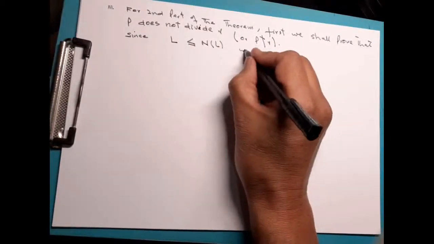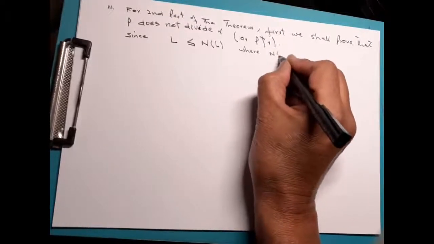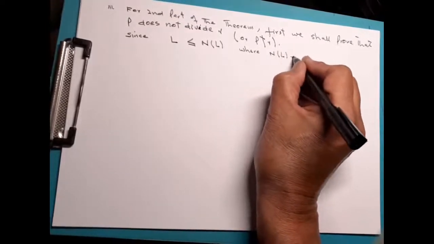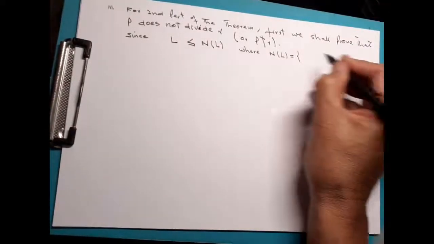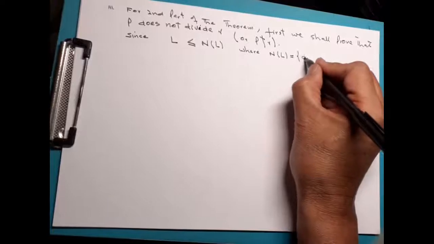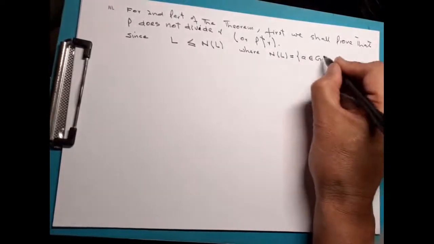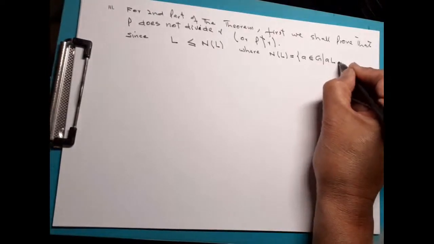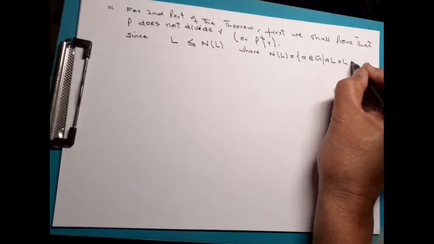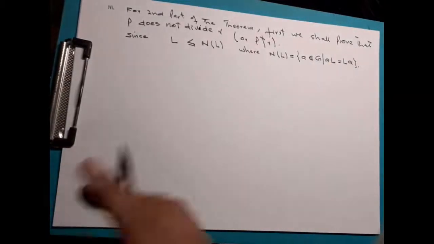The normalizer of L is the set of all those elements of the group G for which AL is equal to LA.